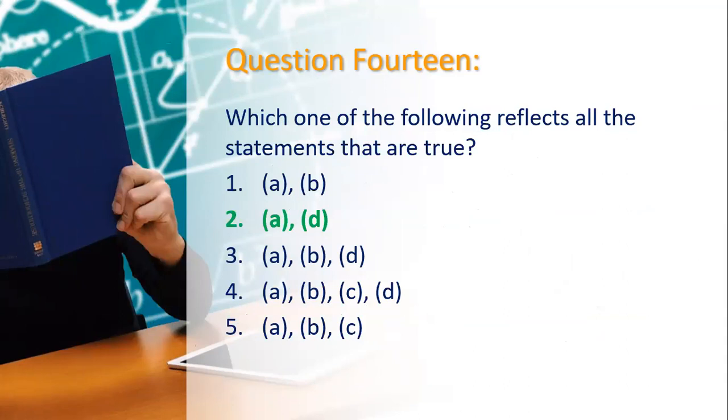Now remember that some of you would have gotten confused and thought that it's all the resources owned by the entity, and that's not the case. Remember, that was sort of the trick in this one here. It is not the resources owned, it's the resources controlled. Think about when you lease an asset, you don't own that asset, right?